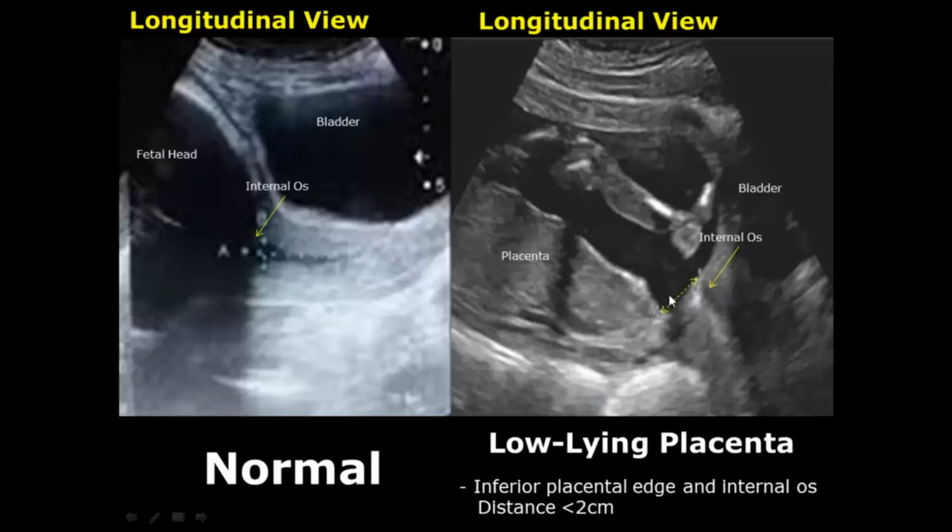And over here we have the placenta that is very near the internal os. We have to measure this distance between the internal os and the placental margin. If it is less than 2 centimeters, then this is a low-lying placenta, and a C-section will be needed.